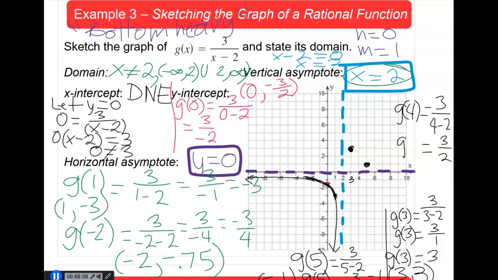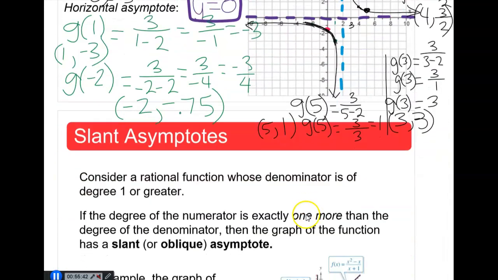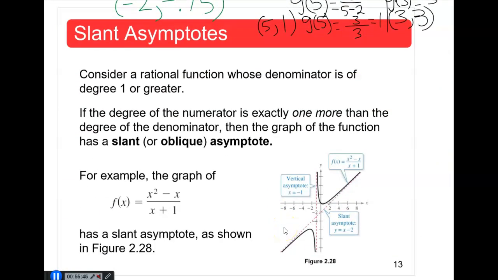Okay, so that's g of 4, and that will be the point 4 comma 3 halves. So that's going to be here. Okay, now we can connect them. That looks a lot better. And then extend the lines so that they do not touch the vertical or the horizontal asymptote. And of course, you're welcome to use technology to verify your answer.